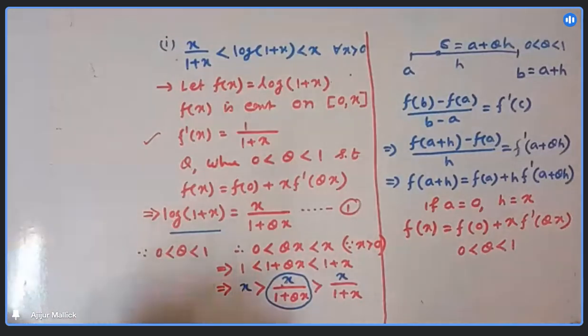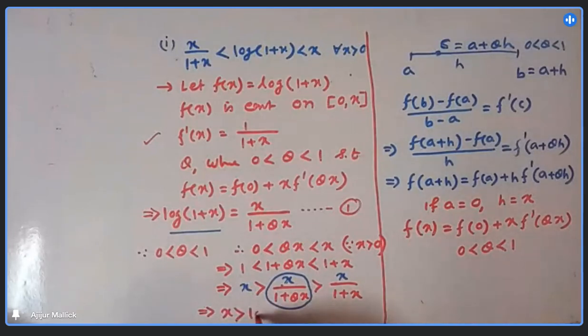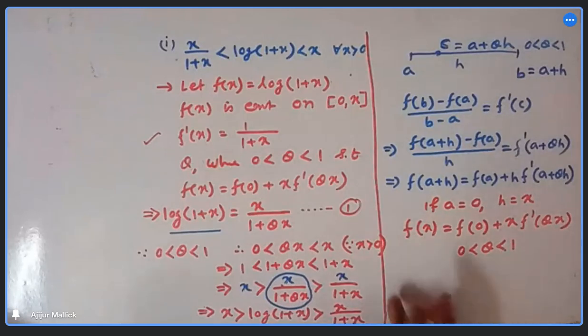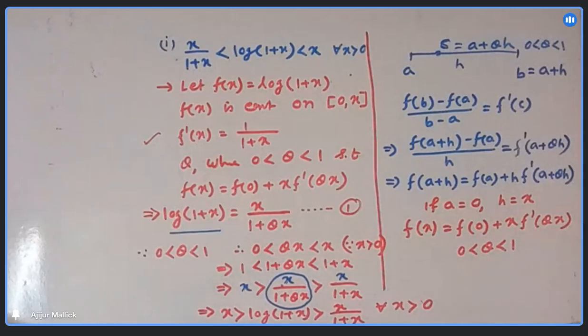So the final conclusion is this. Write, this implies x is greater than log of 1 plus x, which is greater than x by 1 plus x, for all x greater than 0.